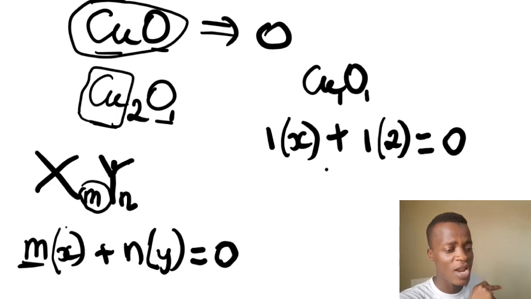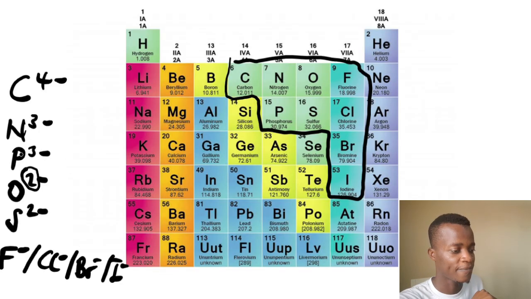But then you know that for the oxygen, what are we having? They are all negatives, right? So instead of just writing 2, it is going to be negative 2. See the charge here. Oxygen is negative 2. So if you're having phosphorus, it is 3 minus and 3 electrons.